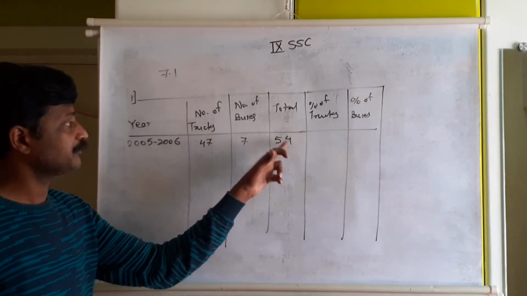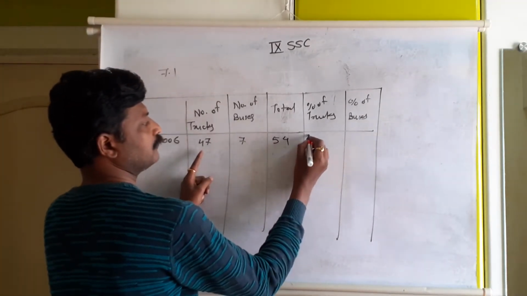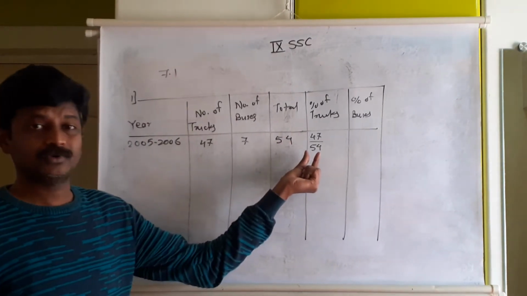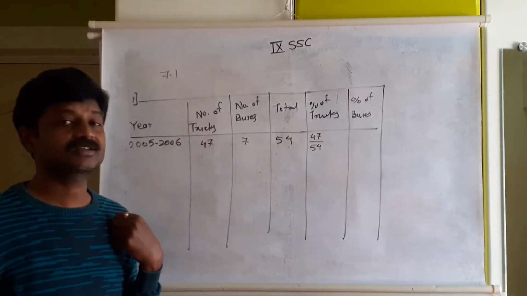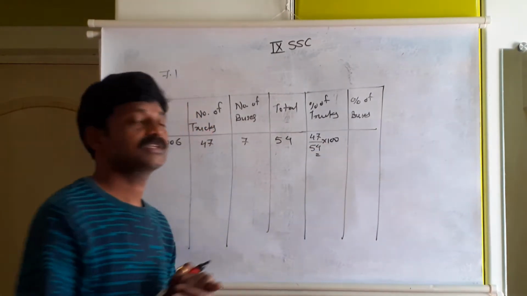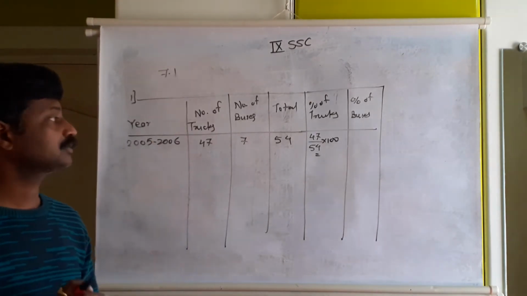When total vehicles are 54, out of that 47 are trucks. Then out of 100, how much? This calculation will give us the percentage of trucks for 2005-6.